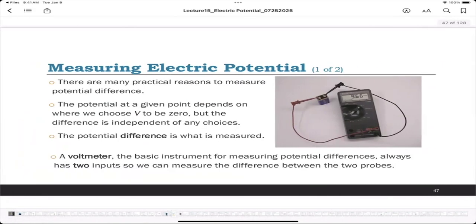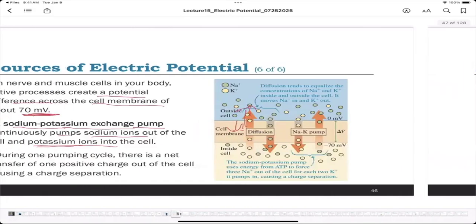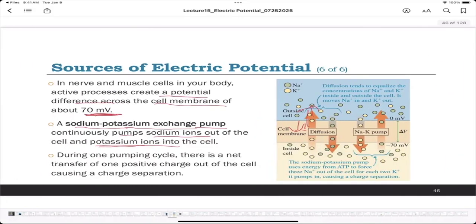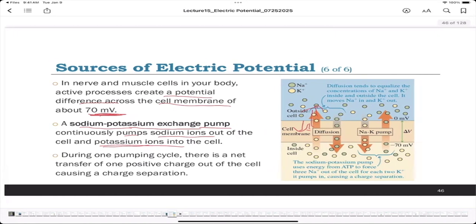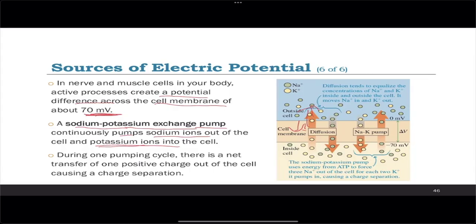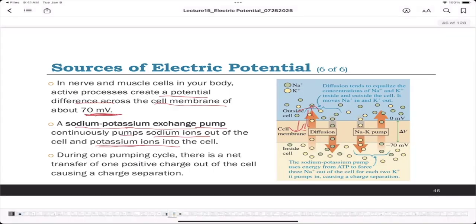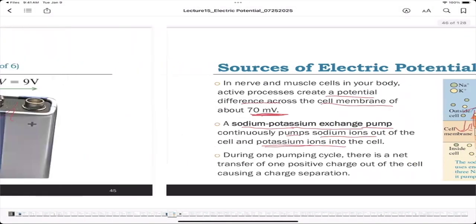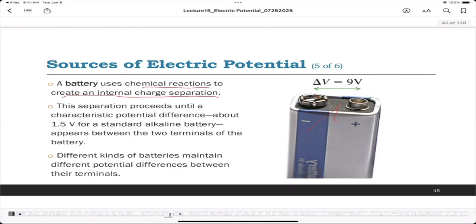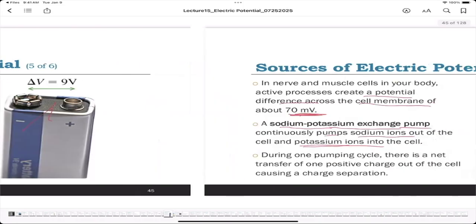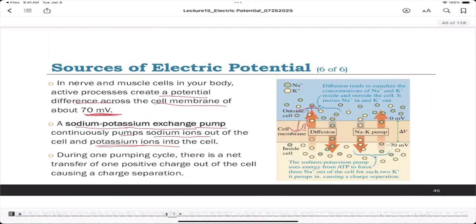Okay, and this is the sources of electrical potential: how electrical potential comes about. Because there is a charge separation, the charge separation creates the electrical potential.